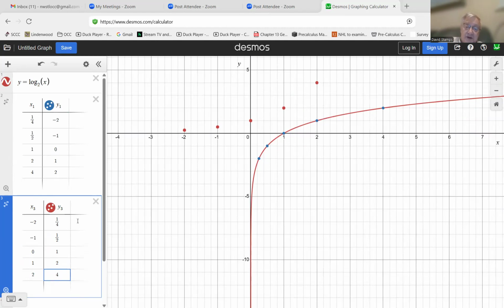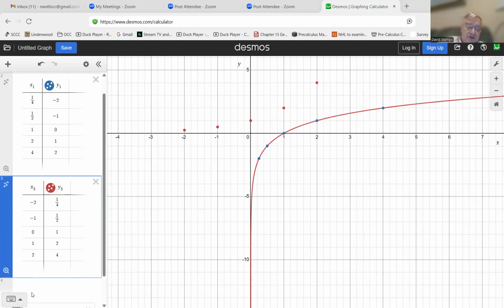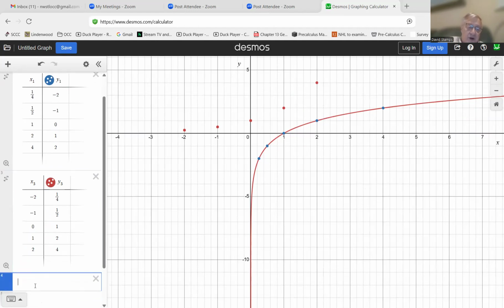Now this is the exponent, and you can see those points, and that looks like an exponential function. Matter of fact, I might even put that graph up there. That would be y equals 2 to the x power. That's the green graph.